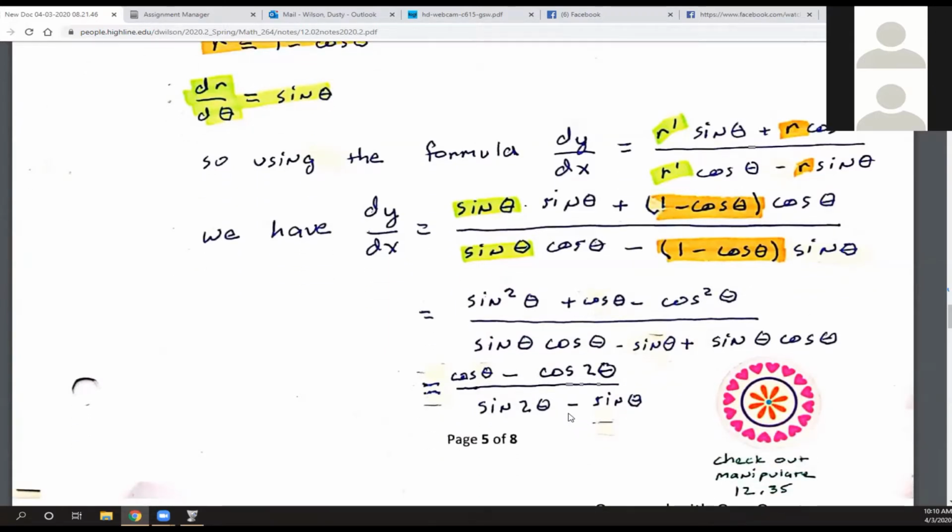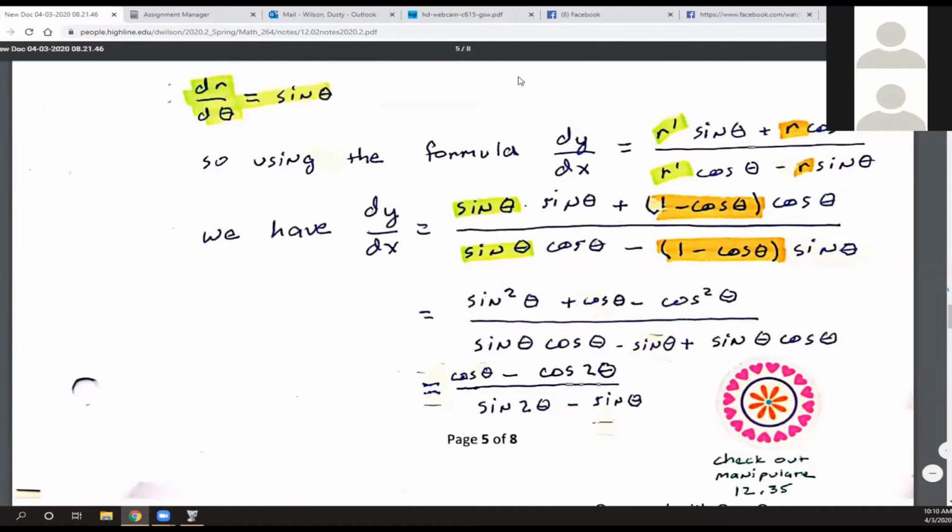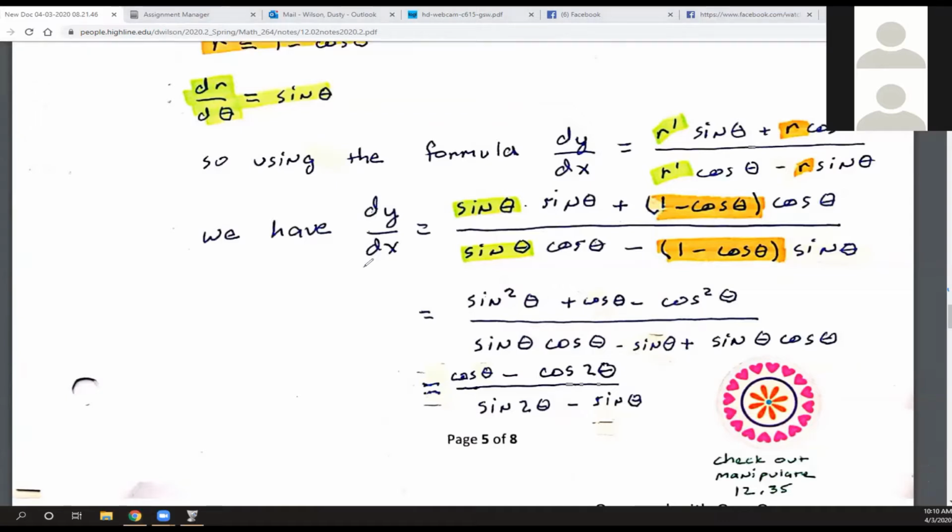And at the end of the day, we have this formula that dy/dx is equal to cosine theta minus cosine 2 theta over sine 2 theta minus sine theta. It's just a little bit of a plug and chug type of situation.